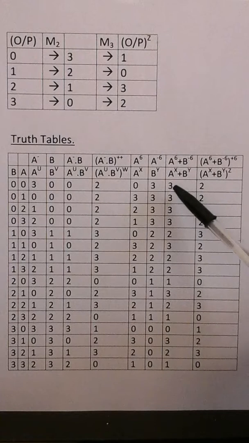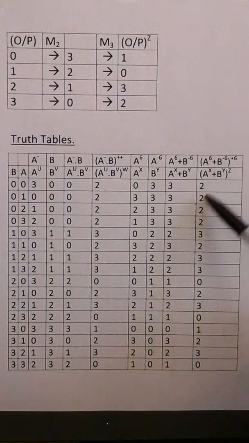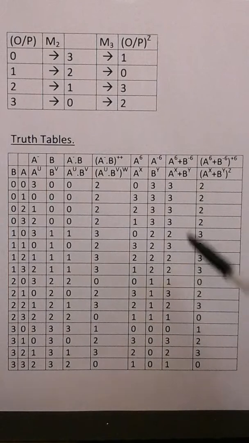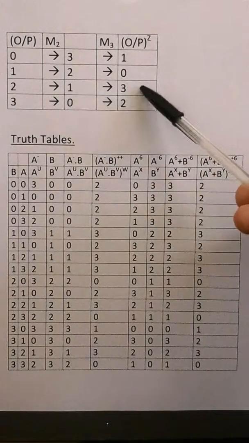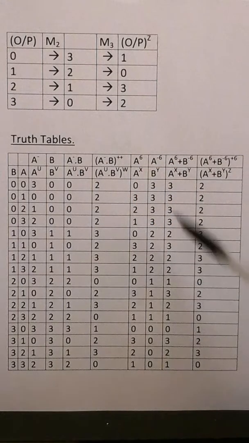So 3 goes to 2, 2 goes to 3, 1 goes to 0, and a 0 goes to 1.